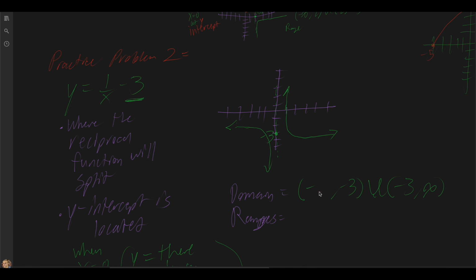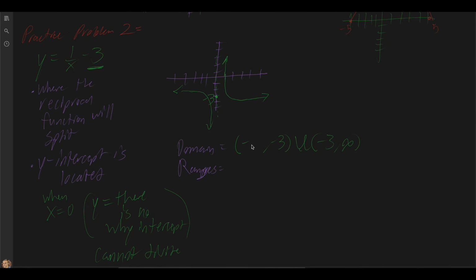There we go. Infinity to positive infinity, and the range, the same case, -infinity to -3, in unison with -3 to positive infinity. All right, and so let's move over to our next.